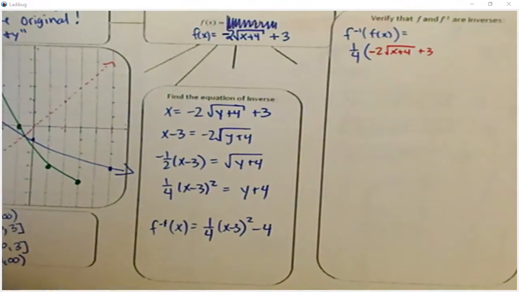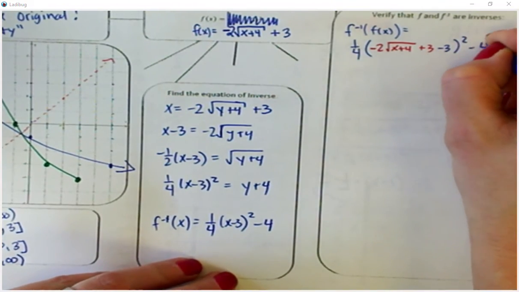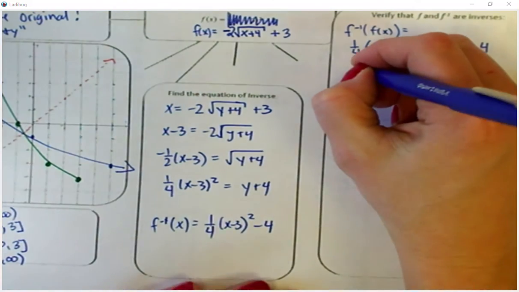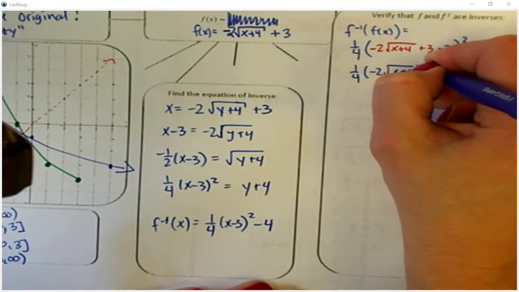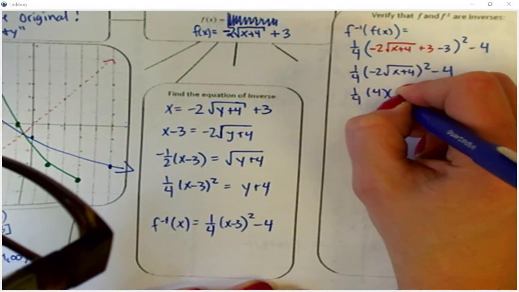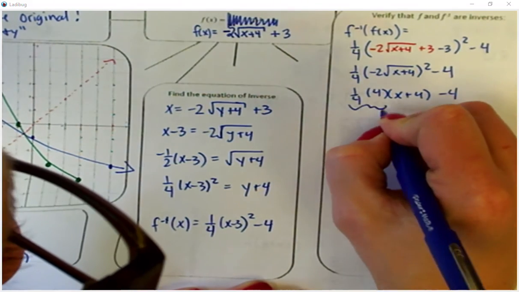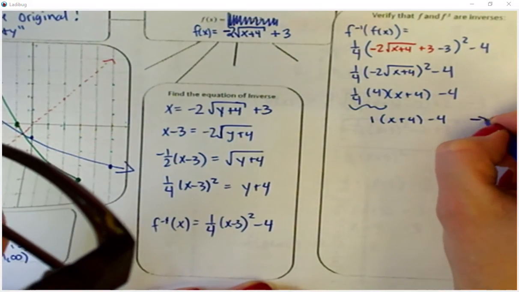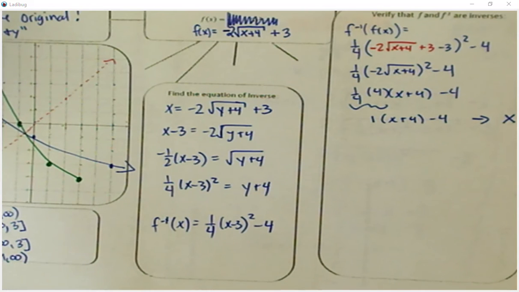Okay. Minus 3 squared minus 4. Okay, so my plus 3 and my minus 3 cancel out. Okay, and then I square. And I multiply. And then I get x. Okay, so that direction works.